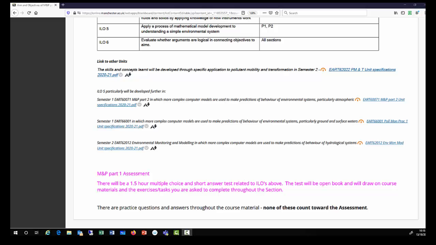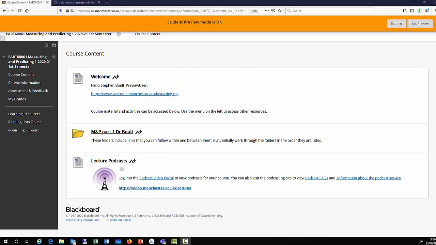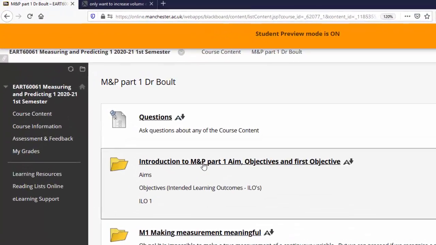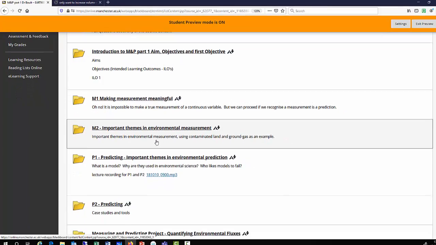After each of them we'll go through and look at model answers, so you'll be shown what the correct answers are and how to achieve them, and you can ask questions in class or through the discussion boards that are set up. The discussion board is found as the first item in the list of content folders.